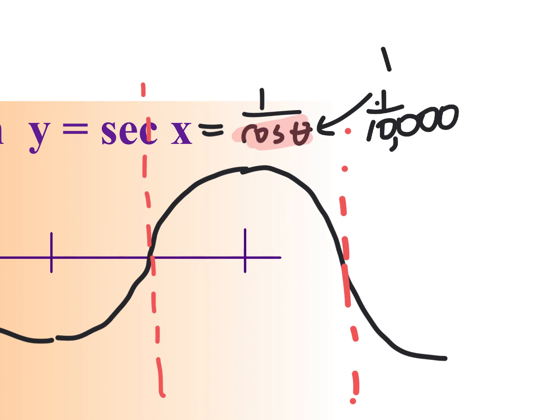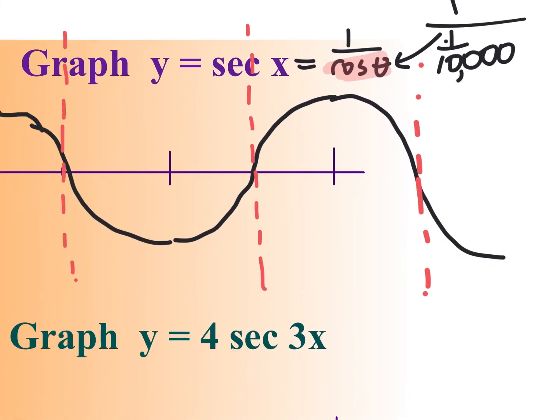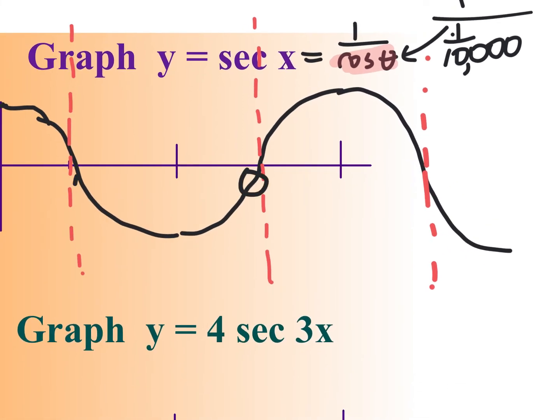When you put 1 over 1/10,000th, that flips it and that's 10,000. So as this gets really close to 0, secant will get infinitely big. That's why secant looks like this.